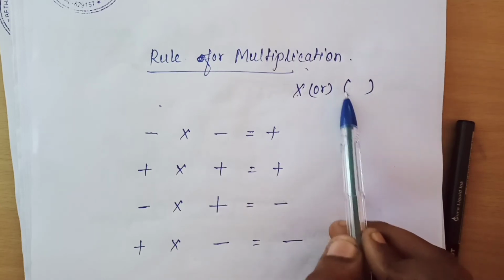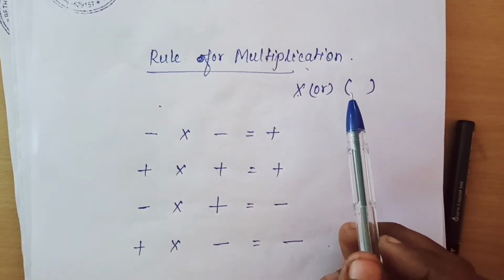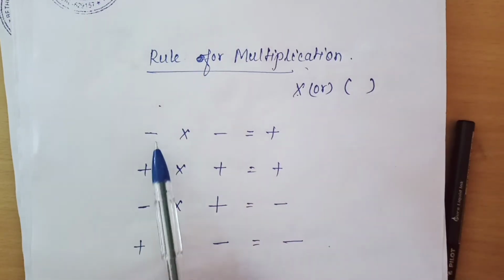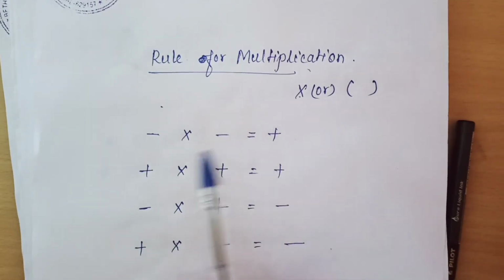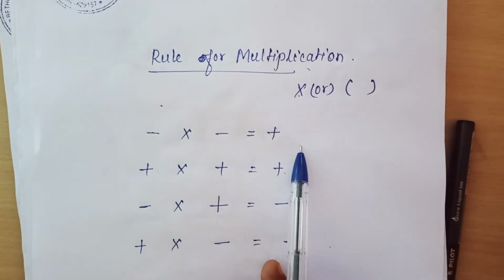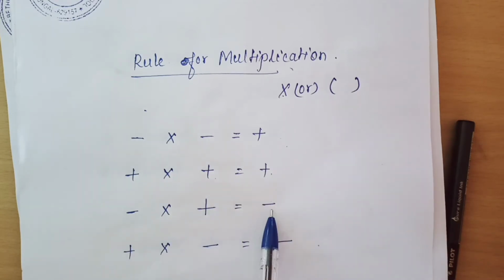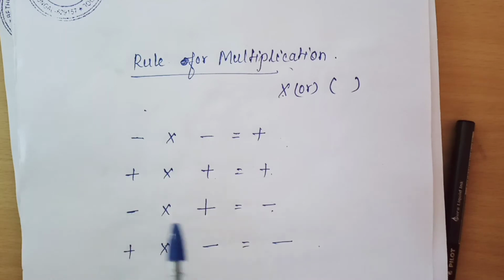Or else hereafter in 8th standard, a bracket also means multiplication. Minus into minus is plus, plus into plus is plus. Whenever you have the same sign, it is plus. When you have different signs, it gets the value of subtraction, minus. So minus into plus is minus, plus into minus is minus.